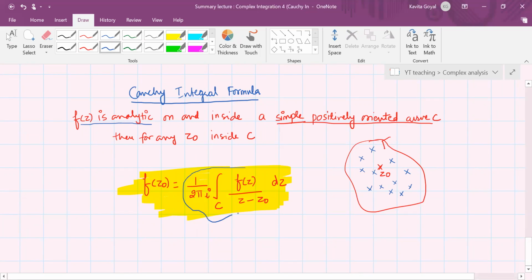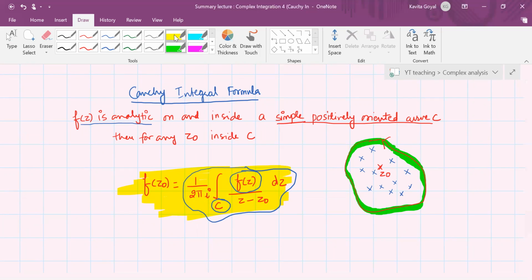When you compute this integral, all you need is the value of this function on the boundary. So the Cauchy integral formula is kind of magic: you can just use the value of the function on the boundary, and you get to know the value of the function everywhere inside your region, right?